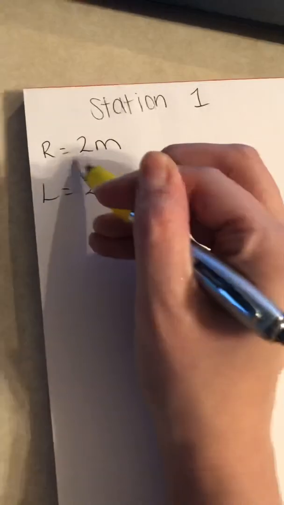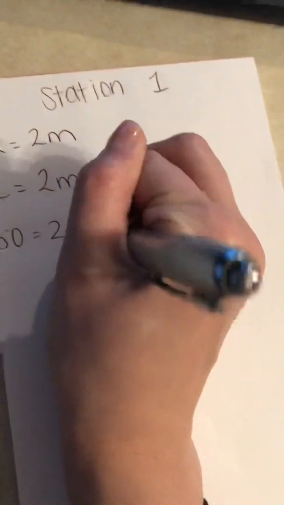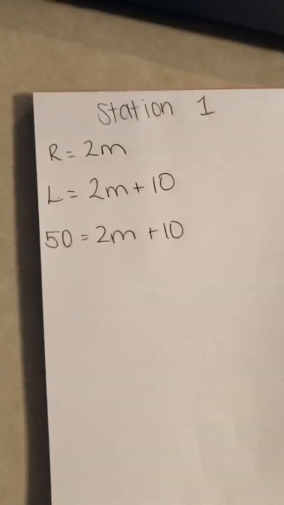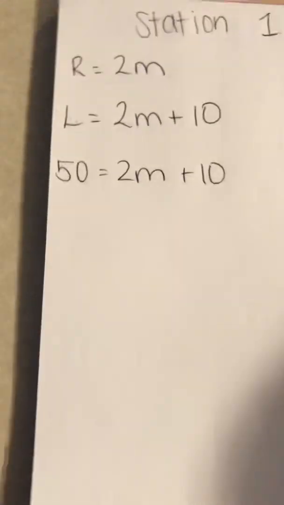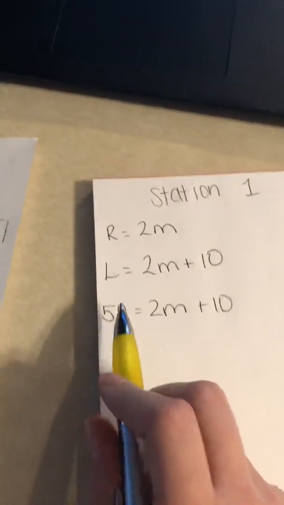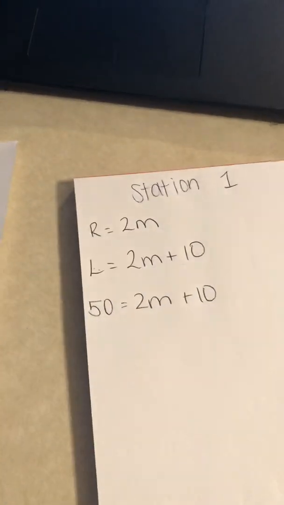So I've taken Rihanna's and I've added 10 years. If Laura is 50 years old, how old is Madeline? So this is where I'm going to do it without a tape diagram. So I'm not even worrying about Madeline. I actually really want to solve for how old is Laura first, then Rihanna, and then Madeline.